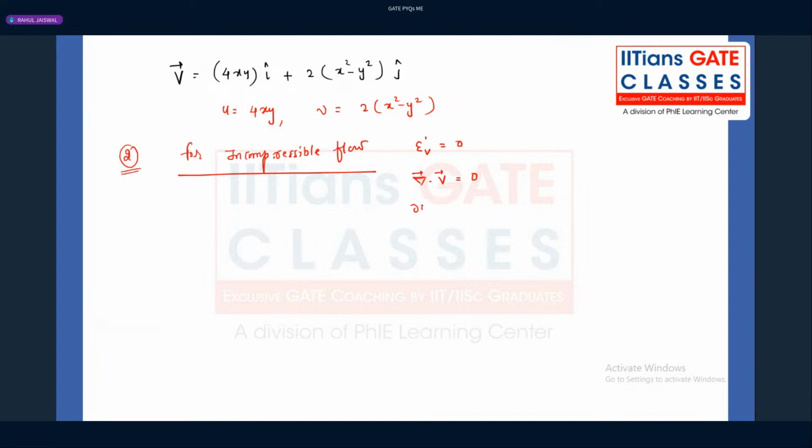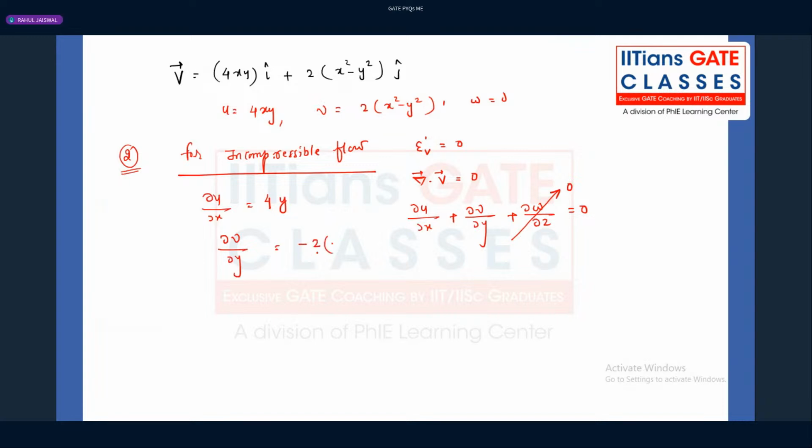We can also write it as dou u by dou x plus dou v by dou y plus dou w by dou z. But here the velocity component in the third direction is 0, so dou w by dou z will also be 0. What is dou u by dou x? It's 4y. What is dou v by dou y?